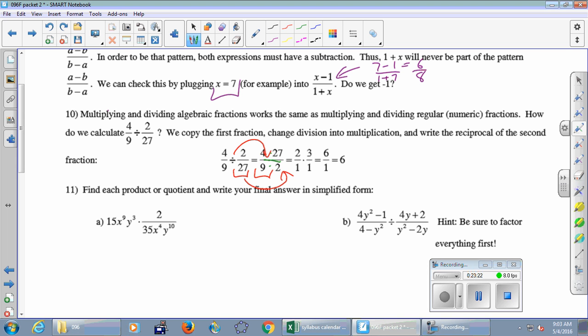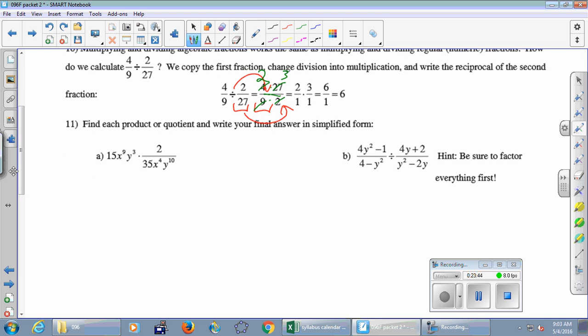So we reduce the 4 and the 2, the 27 and the 9, even though they were in different fractions, doesn't matter. 27 and 9 becomes a 3 and a 1. So we just get 2 times 3 over 1. Questions on that? Okay. So that is how we divide, and embedded in every division of fractions is a multiplication.